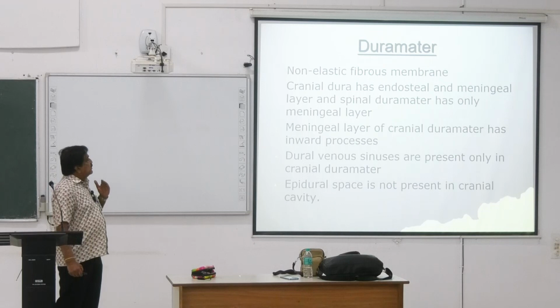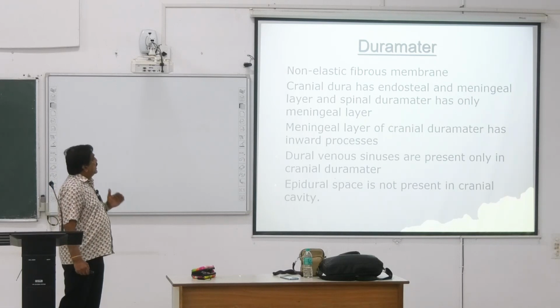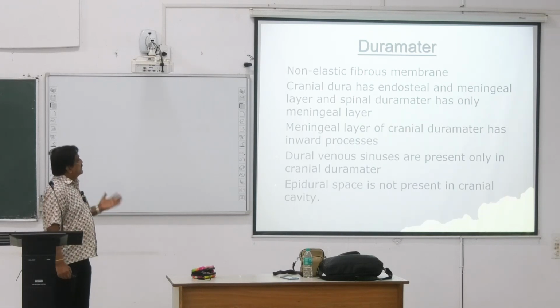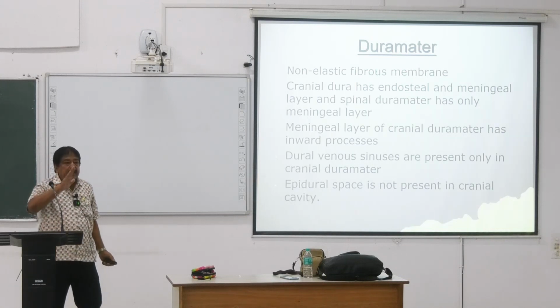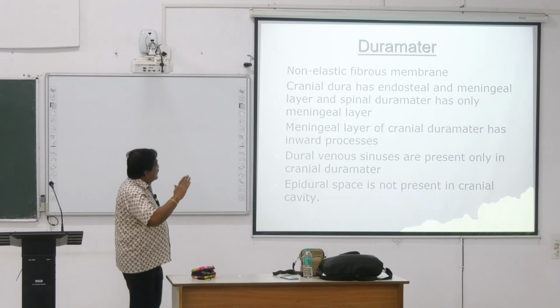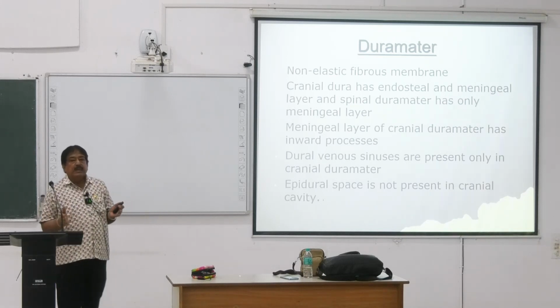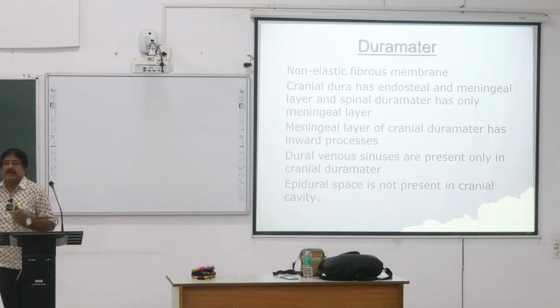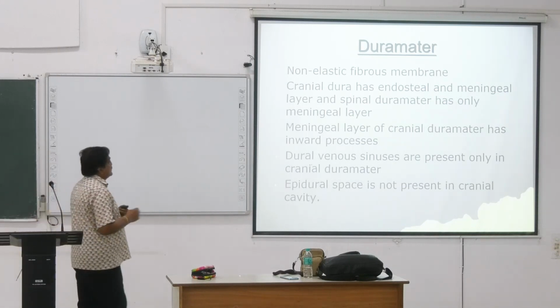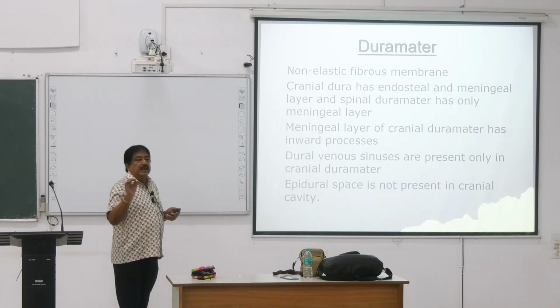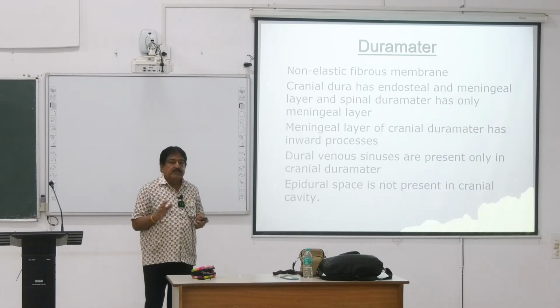And these things, the description of the dura mater: non-elastic fibrous membrane. Cranial dura has endosteal and meningeal layer, and spinal dura mater has only meningeal layer. Now, the bone and the endosteal layer and the meningeal layer, when you open up the cranial cavity and see the brain, you will see the thin layer of meninges.